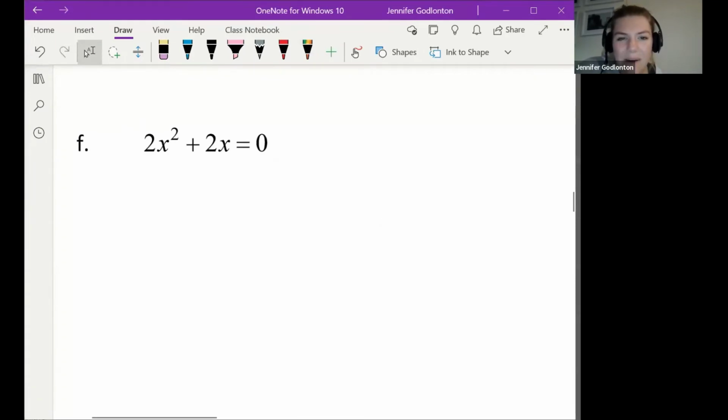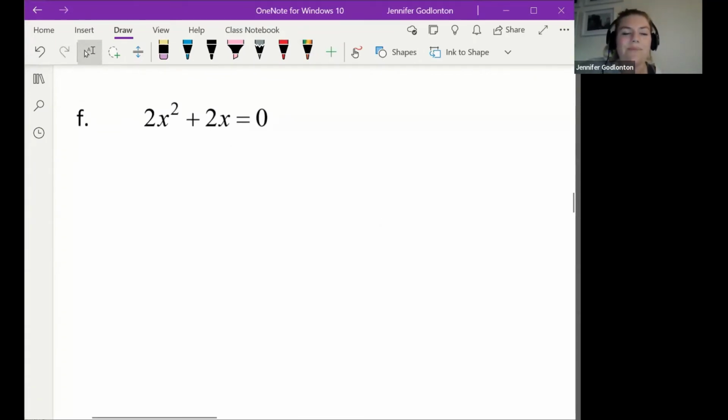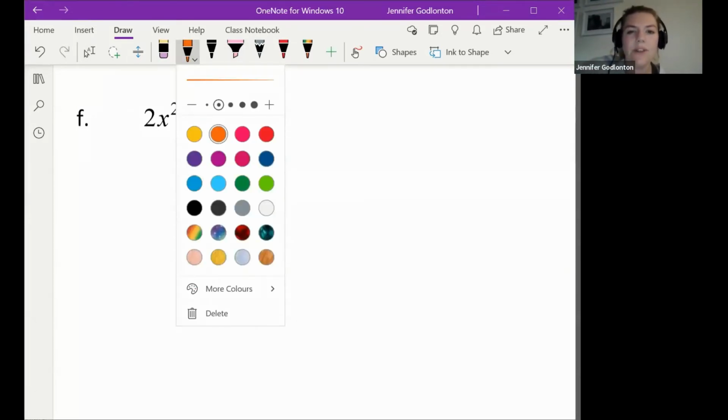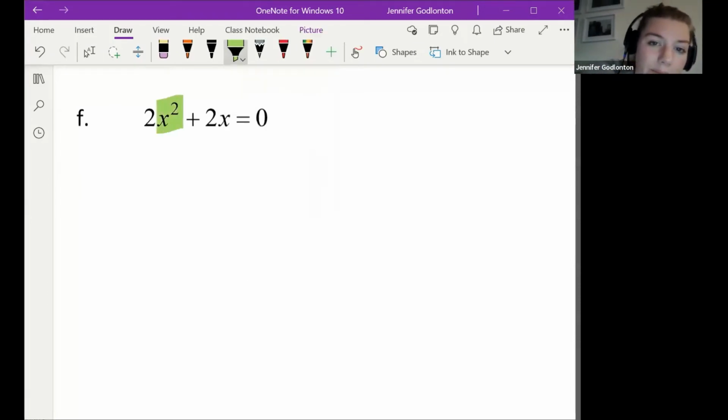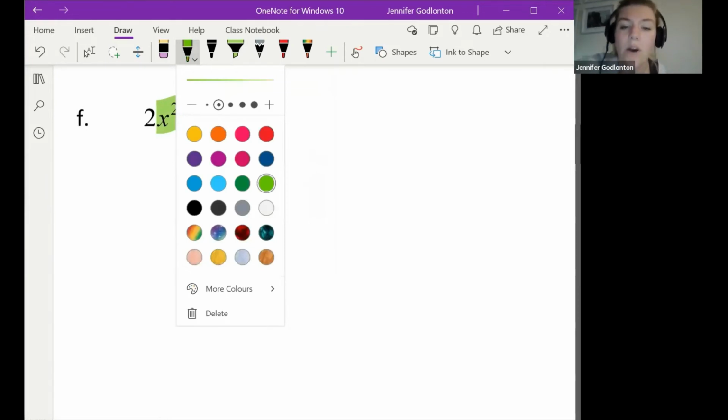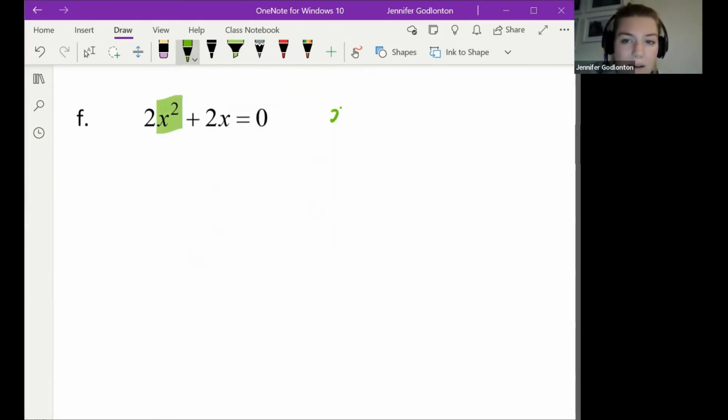Now we get to a more interesting question. We have 2x squared plus 2x. When we start having questions like this, there are certain things we have to notice. The first thing is that we have an x squared. When we see an x squared, our brain needs to think this is a quadratic equation.